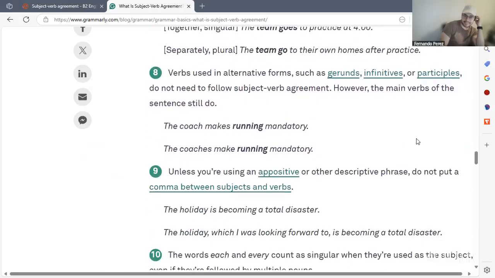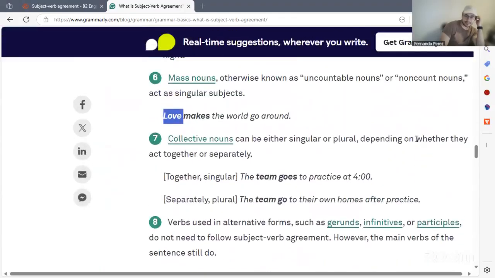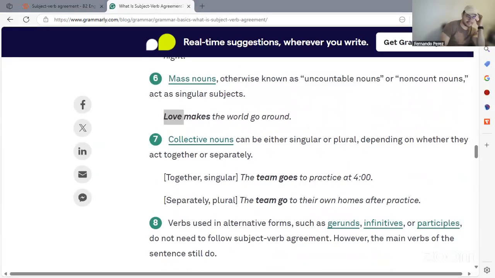Now, there is another one, a little bit tricky. How will you translate correr en las mañanas? Correr en las mañanas me hace sentir bien. Running in mornings makes me feel good. Perfect. You used makes as a singular, right?